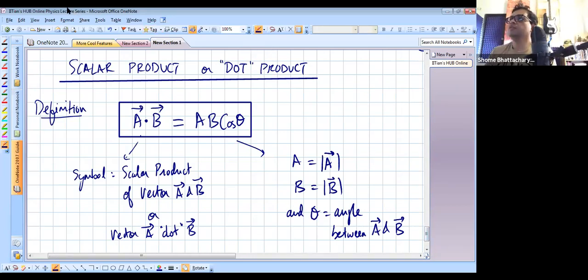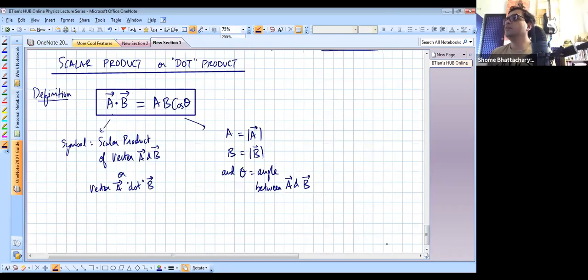Okay, so I think this should be fairly self-explanatory. This is how we define the quantity. As an example or two, let's see.